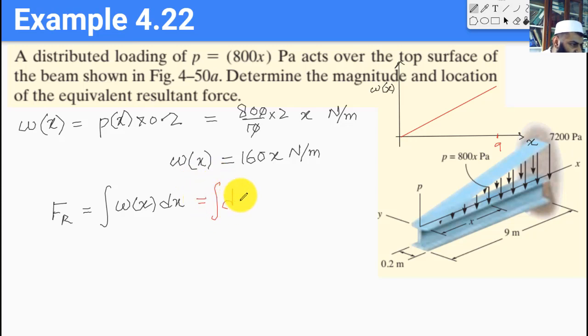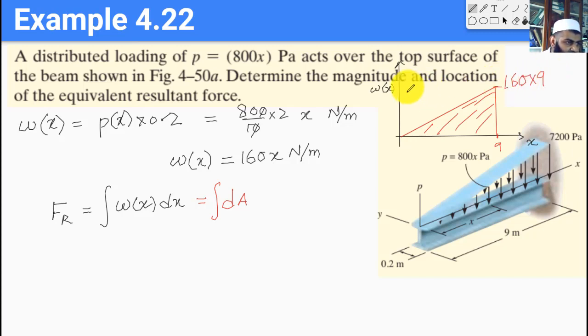Rather than integrating, let's just use the other form that we know, that this is just the area under the distributed loading curve. So here we want to find the area under this curve, and this is just a triangle. To find the area of a triangle, we need the height and the base. We already have the base to be 9. The only thing we need is the height, and when x is equal to 9, this turns out to be 160 times 9.